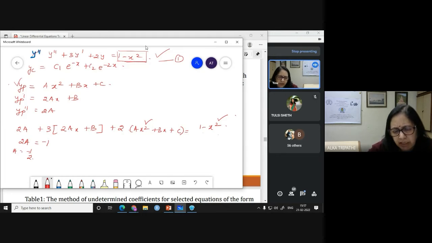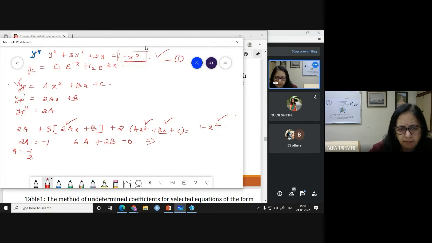Then comparing x to the power 1, I am getting 6a plus 2b equal to 0. And we already have a as minus 1 by 2.